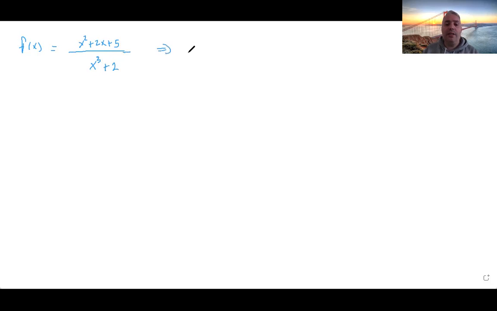Okay, so the question is f prime at 1 or 2 or 3 or 0, whatever. So to solve this question, I call u equal to x squared plus 2x plus 5 and v equal to x cubed plus 2. My question is actually what is the derivative of u over v? And then in that result, I will substitute 1 instead of x.